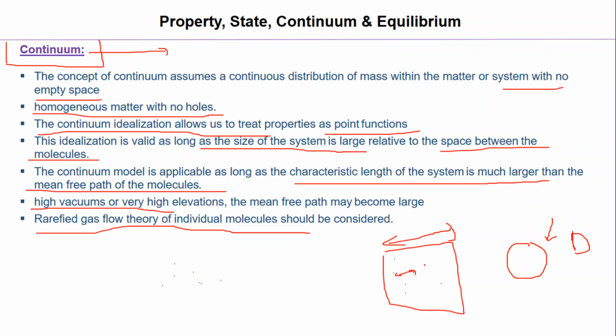To consider the system as a continuum, we need a very large dimension of the system. So these system dimensions are comparative to the elevation also, and what kind of molecules we are dealing with. All molecules have different mean free paths, and because of their different mean free paths, the continuum definition also has to be at par with this to consider as point properties.